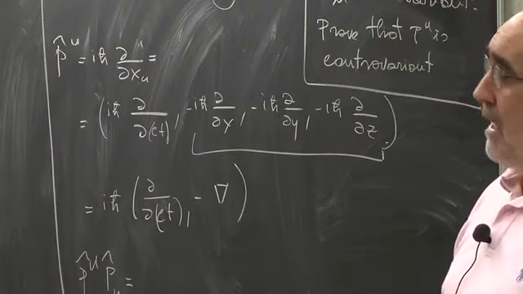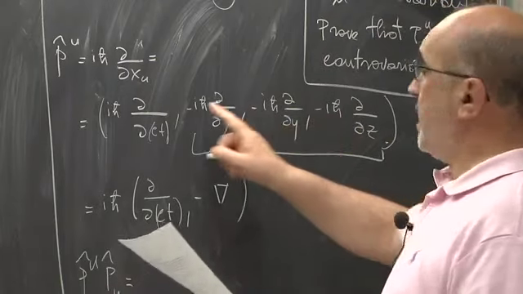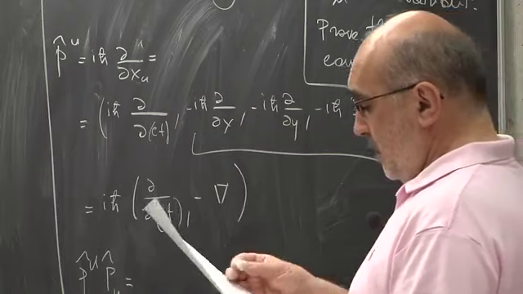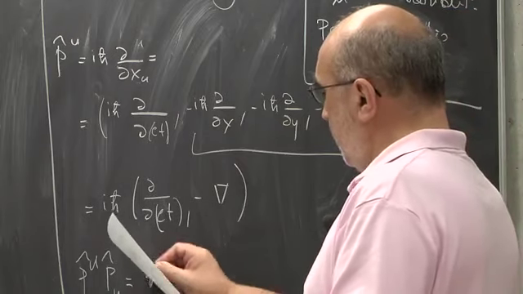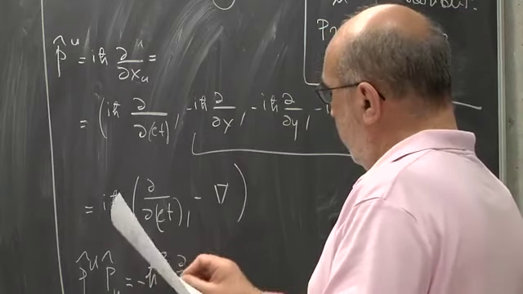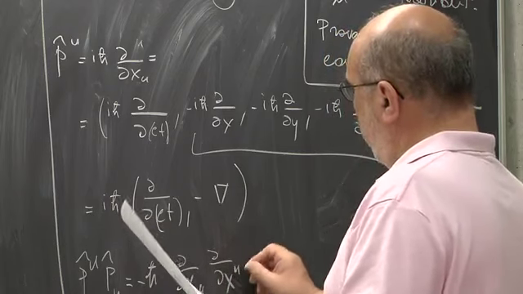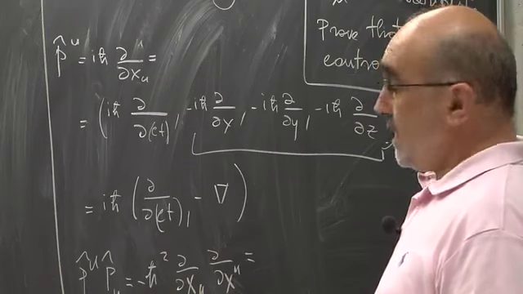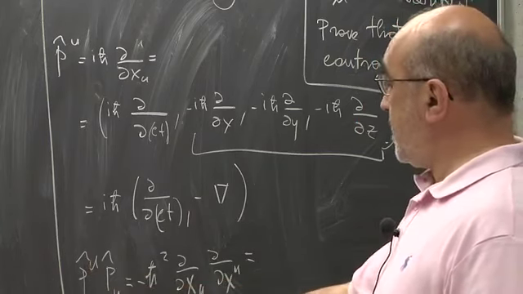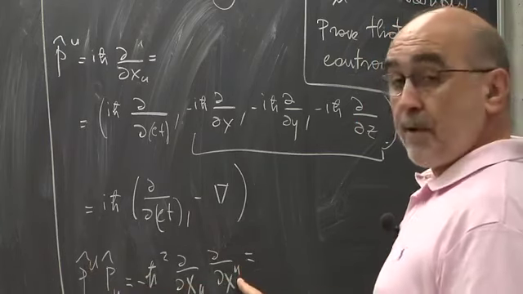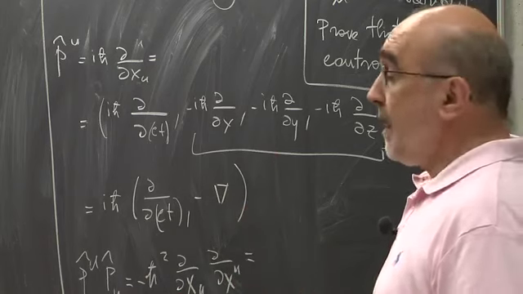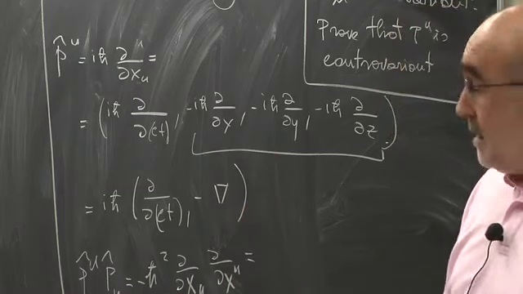Remember, I bring the index down and I have just to change these signs, and what you get is ħ minus ħ squared d dx mu d dx mu. This one with the index down corresponds to this. This one with the index down corresponds with the x mu with the index up. It's not just a game.